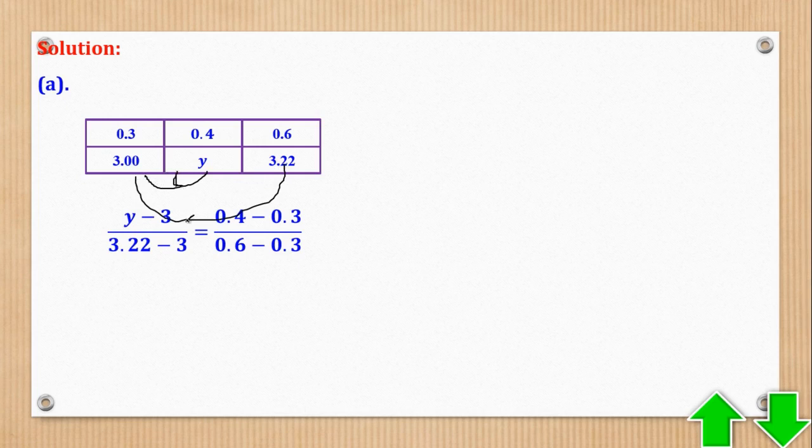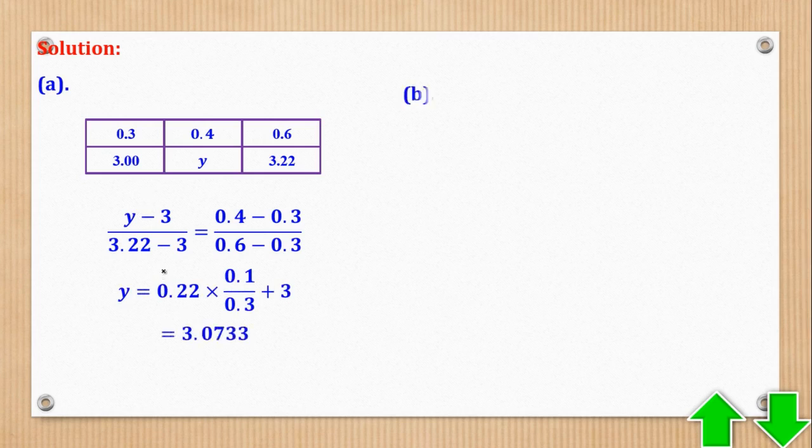What you do for y is the same thing you do for x. So it will be (0.4 minus 0.3) divided by (0.6 minus 0.3). After that, y is the only unknown, so look for a way of making it the subject, and y will be equal to that.